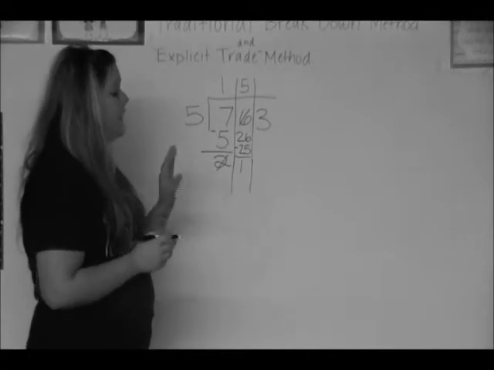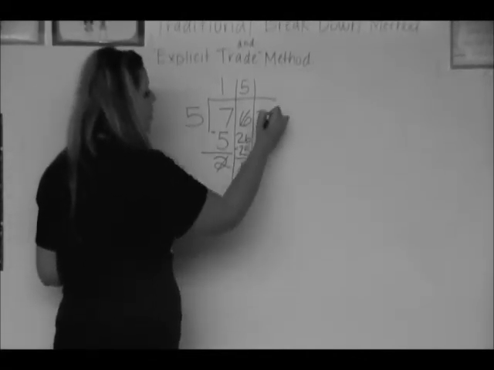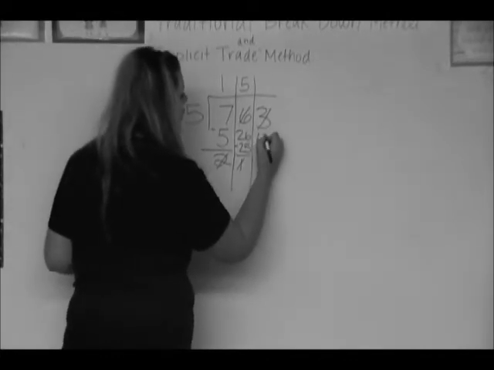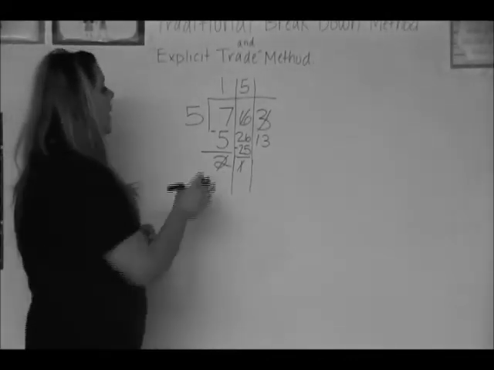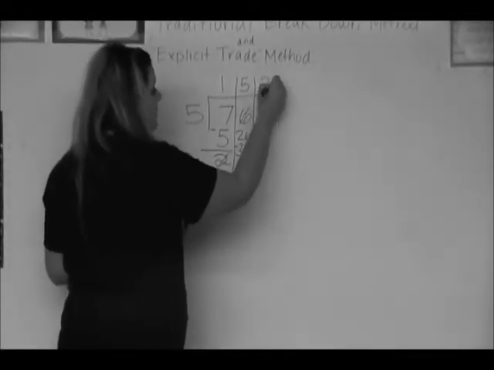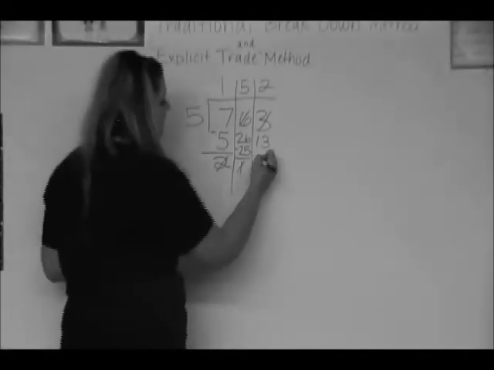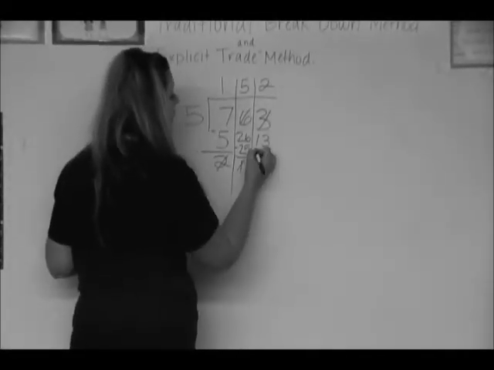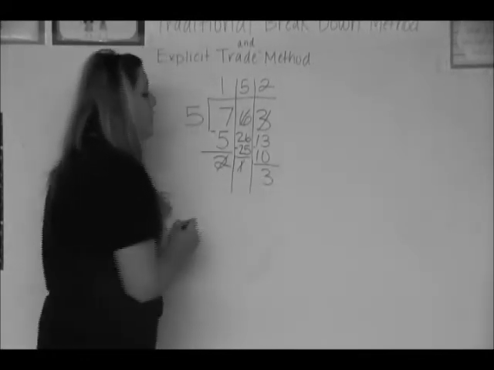Now, next, instead of bringing the 3 down, we are going to cross off the 1 and cross off the 3 and put the 13 in the 1 spot. And we are going to do 5 can go into 13 2 times. 5 times 2 is 10. We are then going to minus this, and we are going to see that it is 3.